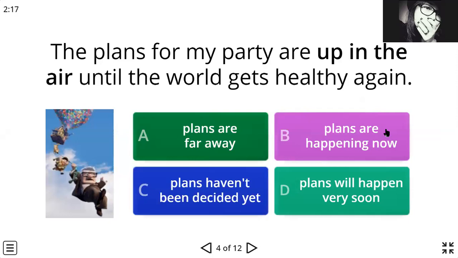The plans for my party are up in the air until the world gets healthy again. So, Kelly Cuadros, the plans for my party are up in the air until the world gets healthy again. Plans are far away, plans are happening now, plans haven't been decided yet, plans will happen very soon.